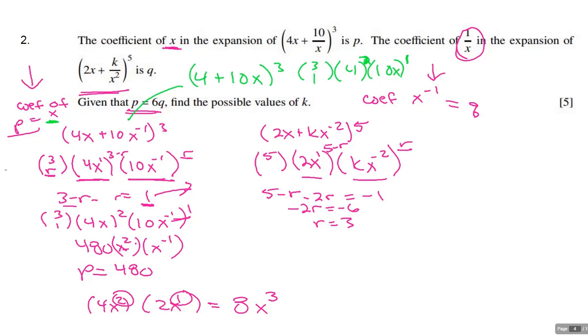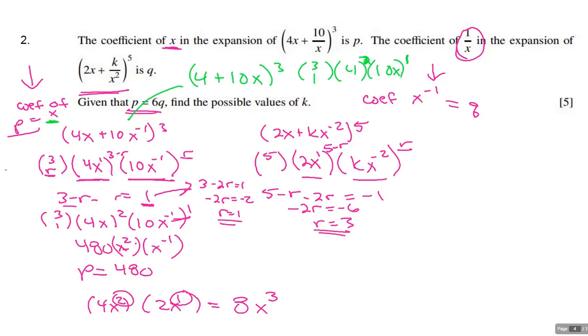Yeah. 3 minus 2r equal 1. So then when I subtract 3 on both sides, what do I get? Negative 2. And see, do you see when I solve this? I don't know why I skipped over solving this. But do you see negative 2 divided by negative 2? R is going to equal 1. Yeah. All right. In both these cases, this r equal to 1 and this r equal to 3.